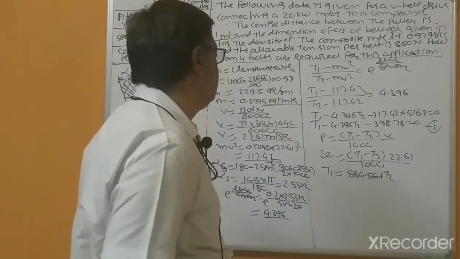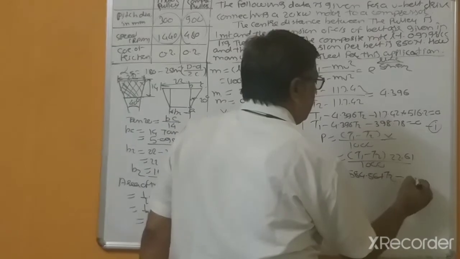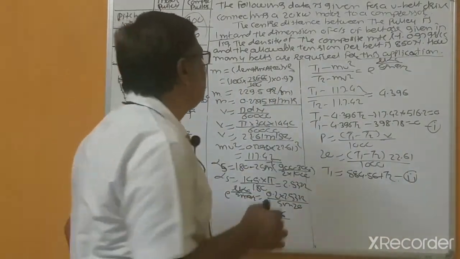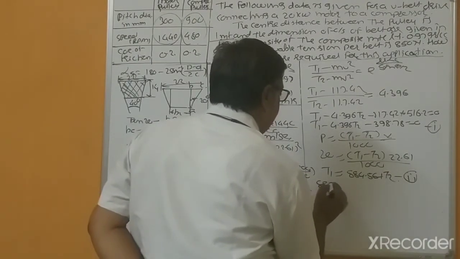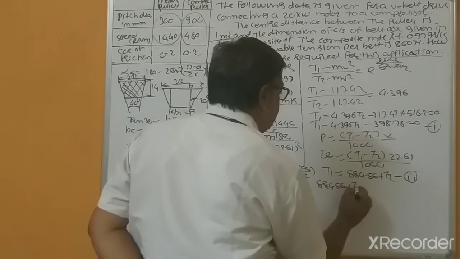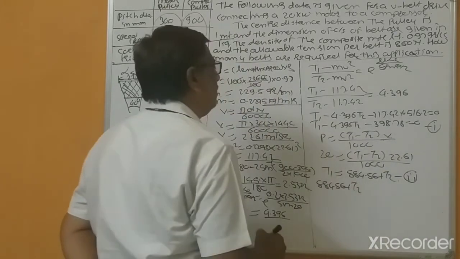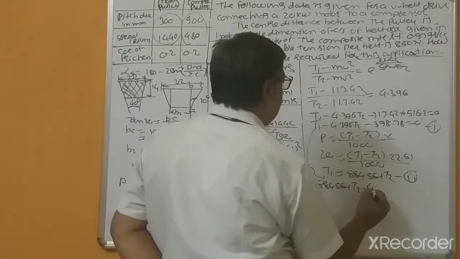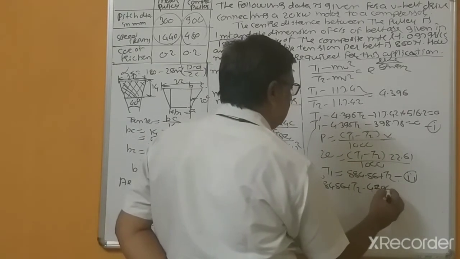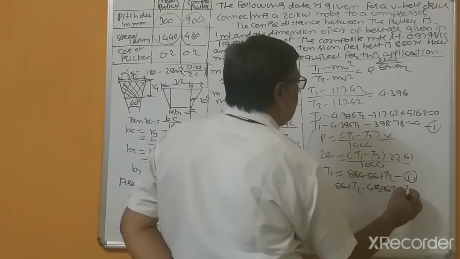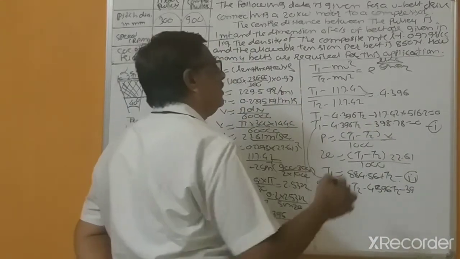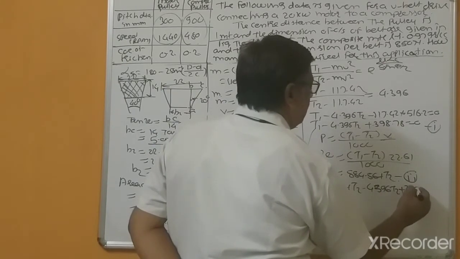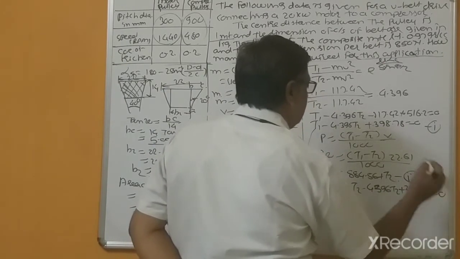This is the second equation. Now put the value of T1 in the first equation: 884.56 plus T2 minus 4.396 T2 plus 398.78 equal to 0.